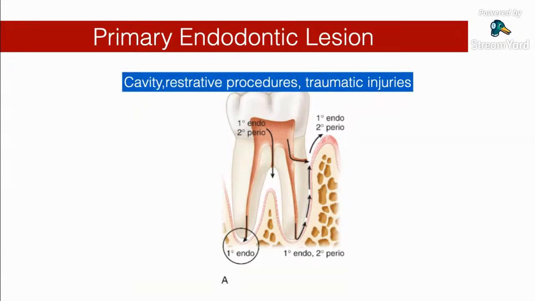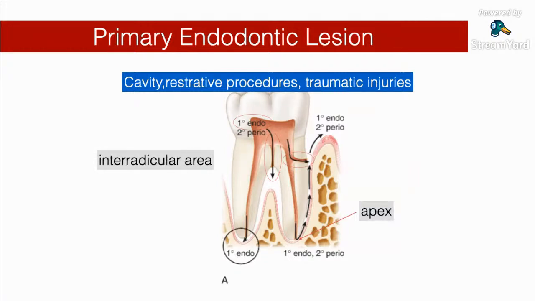A primary endodontic lesion is caused by a cavity, restorative procedures, or traumatic injuries, and the inflammation first occurs in the endo, going through the foramen or lateral canals, beyond the apex, and up to the periodontal pocket.